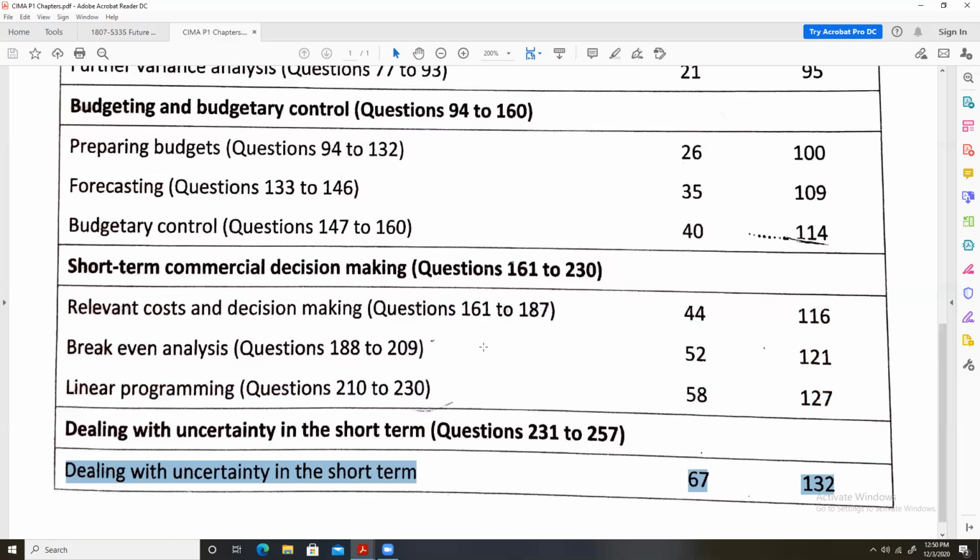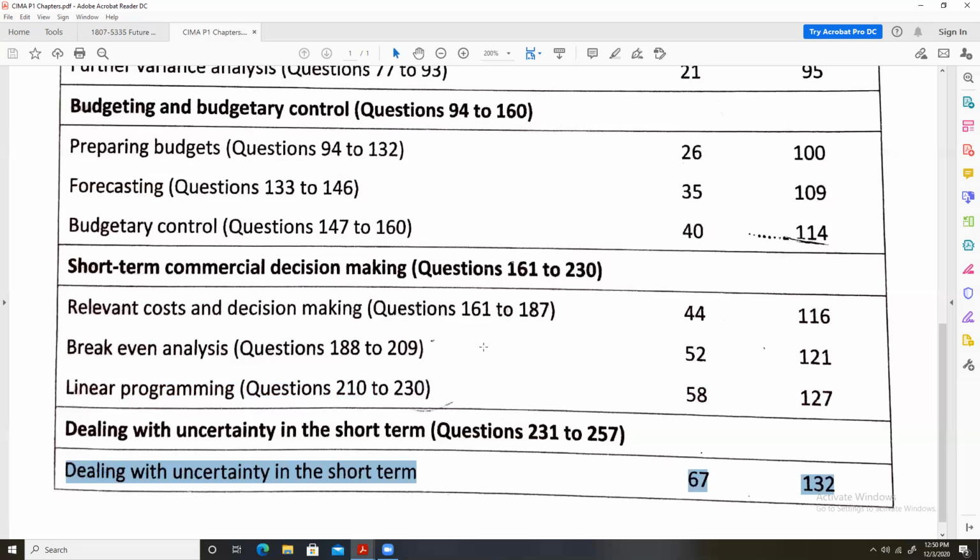Minimax regret means minimizing the maximum regret. So you can recall these three models just by remembering their names: the maximax, the maximin, and the minimax regret. And the expected value is based on probabilities.